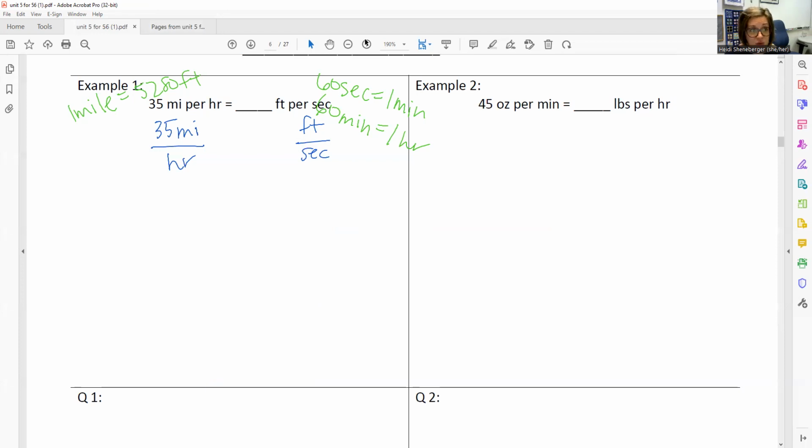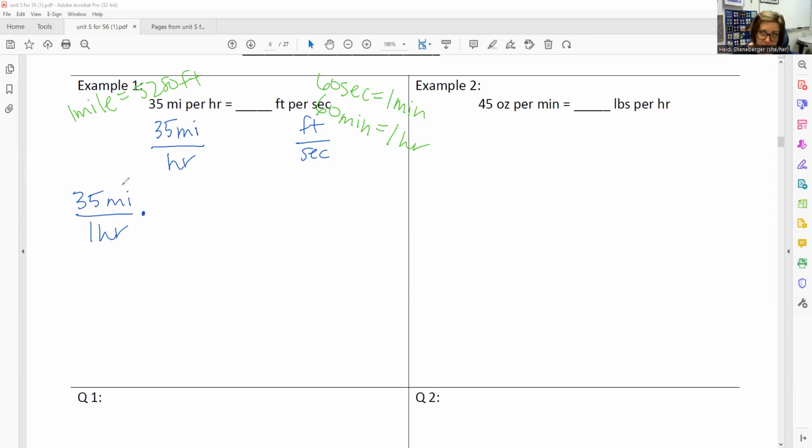Again, remember, I'm working with one unit at a time because I have time and I have length or measurement in this. So I'll deal with one at a time, and I'm going to take a deep breath, and it's all going to be fine. We can do this. Okay, 35 miles per 1 hour. And I said that 1 mile equals 5,280 feet.